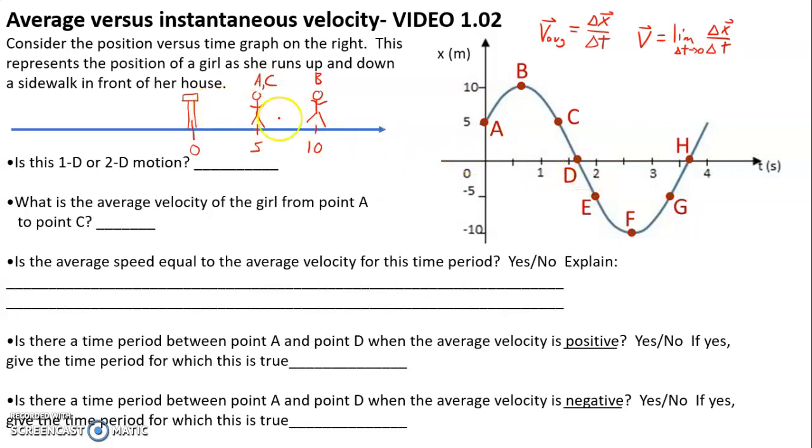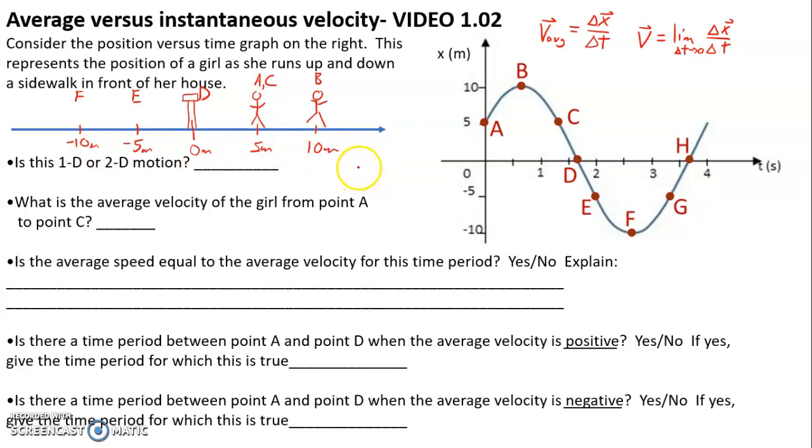And then at point D, now she's at 0 meters, which is where we said her mailbox was, just as a point of reference. That's where all the measurements could have been made from. And then at point E, she's gotten to be negative 5 meters away. And by point F, she's about negative 10 meters. In other words, 10 meters to the left of her mailbox.